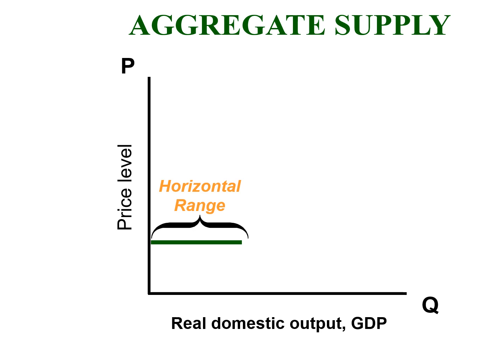Remember what's taking place here in the horizontal range. Well, look, first of all, anywhere along this range we see that there's no pressure on price level, right? This is called the Keynesian range because it represents an economy that is far from its potential level of output. In other words, we're in a recession, an economic downturn, which means there's a great deal of capacity underutilization.